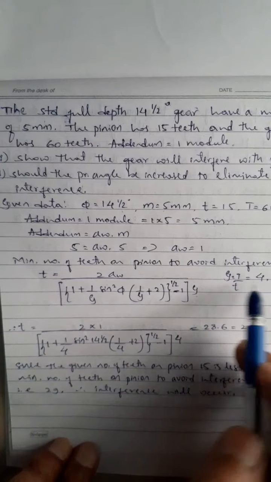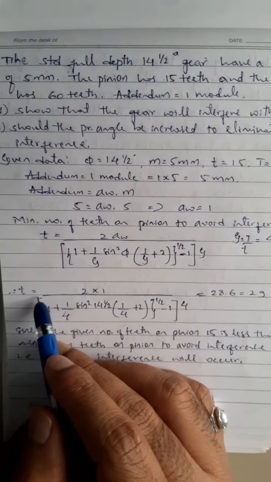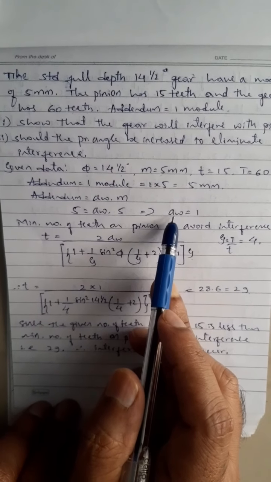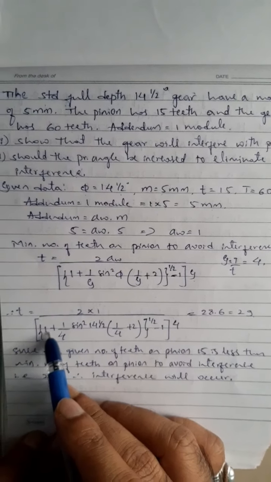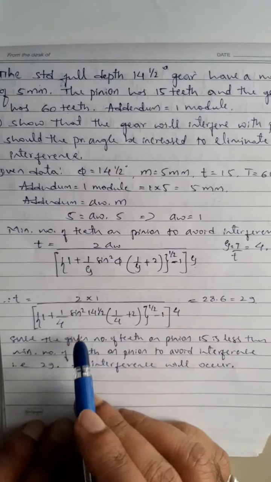Substituting these parameters in this equation, we get small t is equal to 2 into 1, because the addendum constant is 1, divided by 1 plus 1 by g. The value of g is 4.